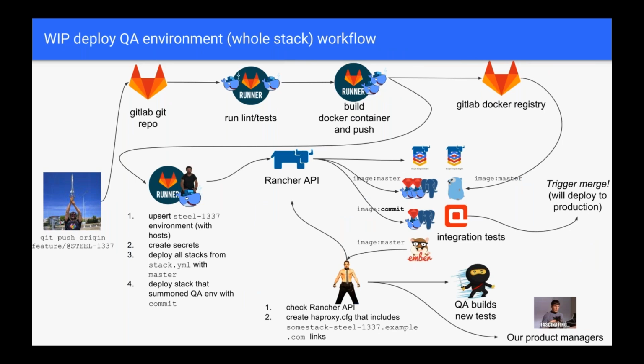What we're working on right now is to extend this. We still needed some parts that are now available in Rancher. One of the main parts is the secrets management that we've been waiting for in Rancher, and it works pretty much the same. There are a couple of differences in the workflow. What we do is I still push to a branch.